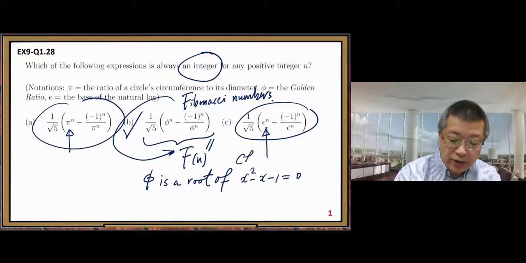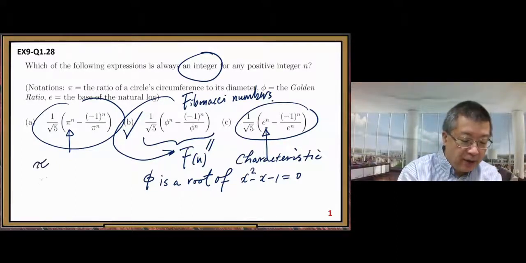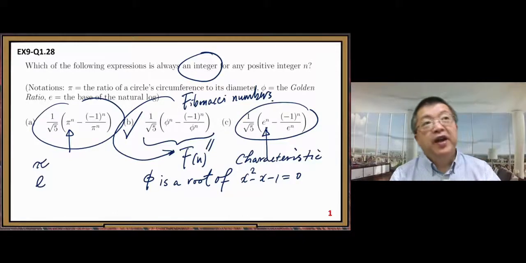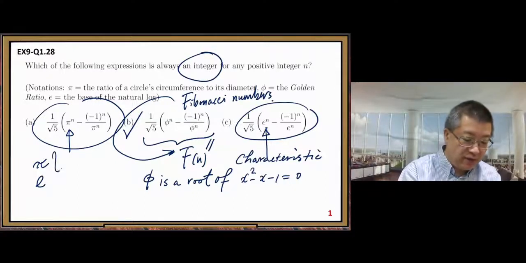That is the characteristic equation. But here, pi or e can never be a root of any algebraic equation.